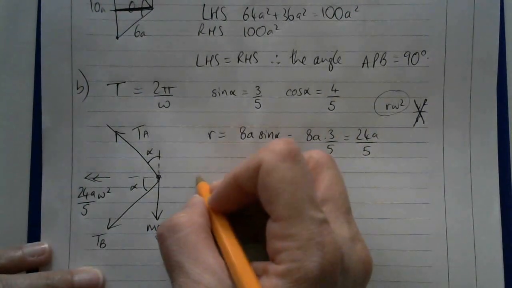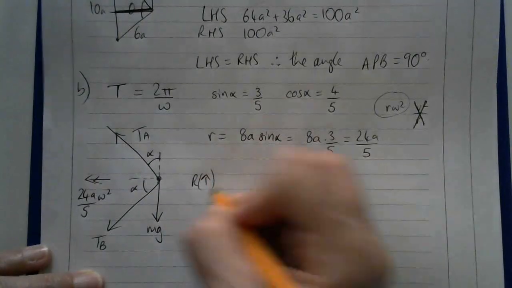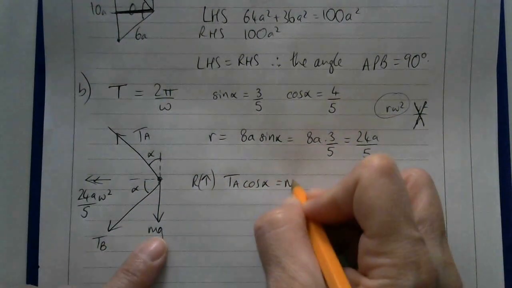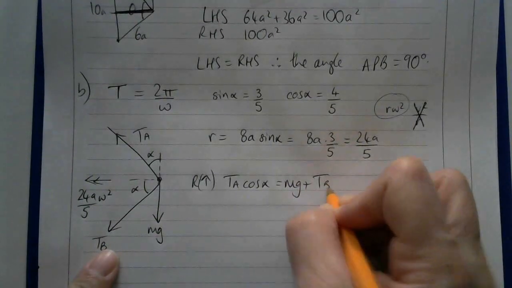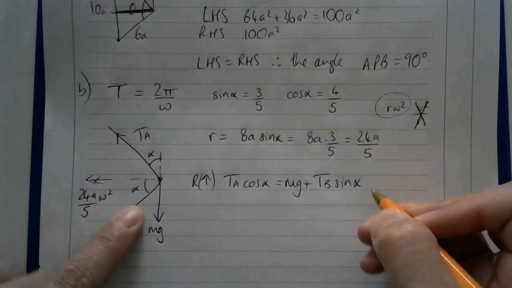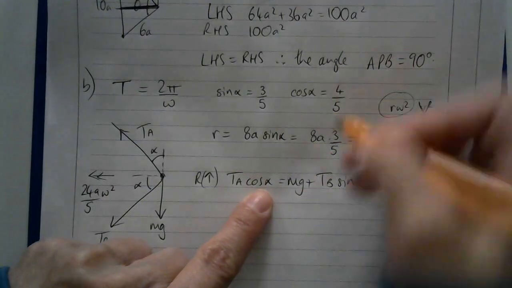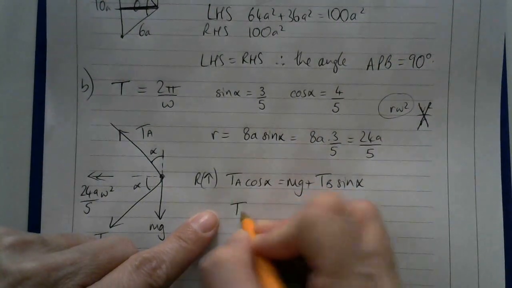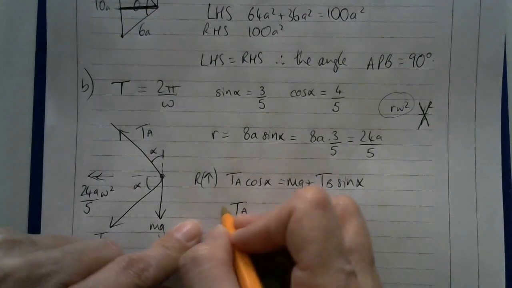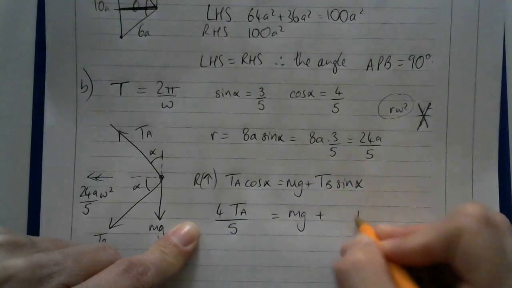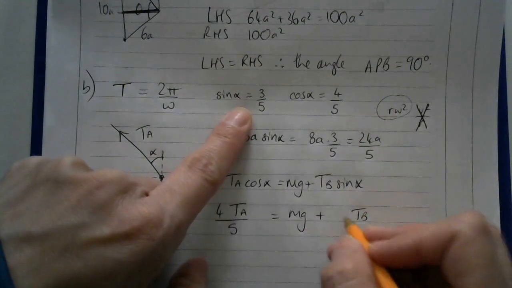So if I resolve vertically, then I get TA cos alpha equals mg plus TB sine alpha. And now I can pop in the values of sine alpha and cos alpha. Cos alpha is 4/5, so here I get TA times 4/5 equals mg plus TB times sine alpha, which was 3/5.